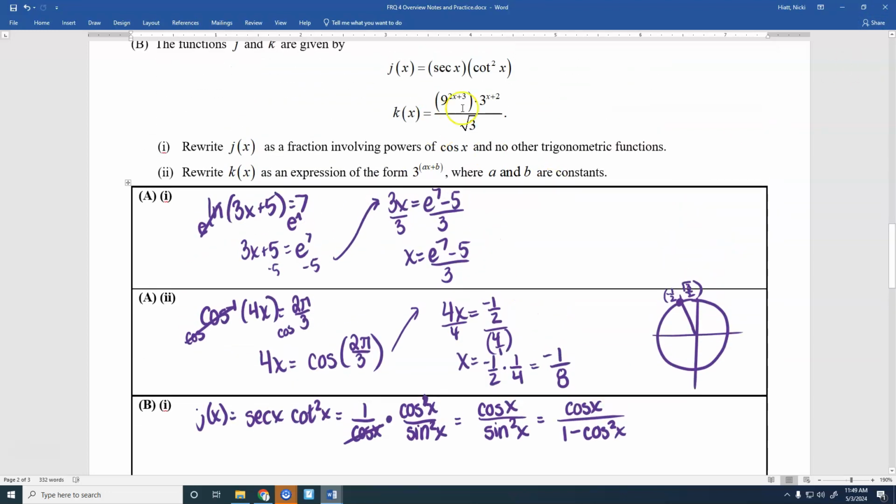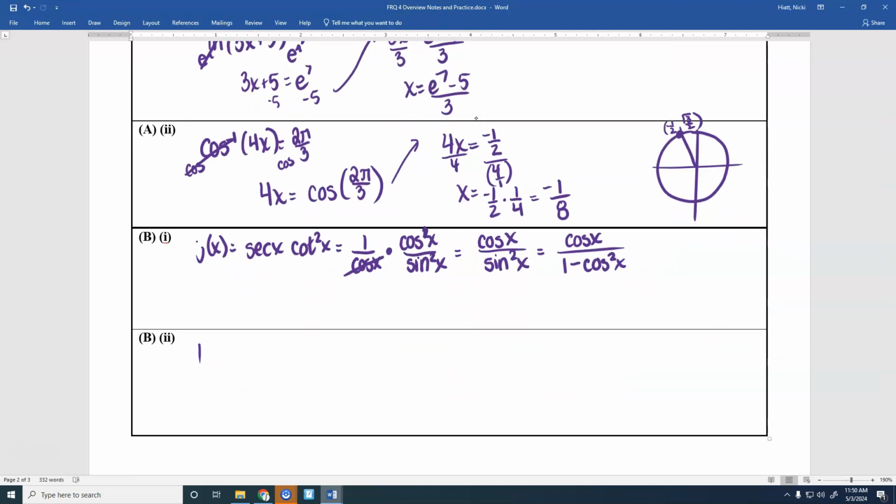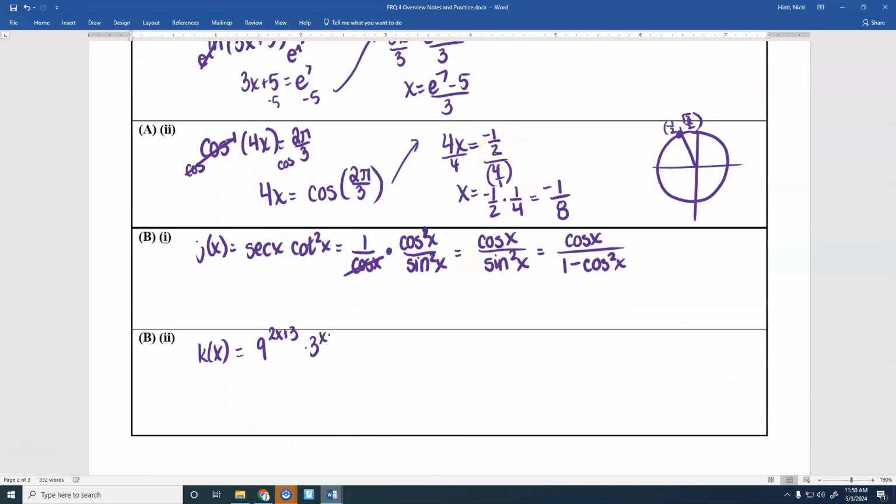I think the last part of this one is kind of difficult. Here, I mean, it's not that bad, but it is on the more difficult side. So we got 9 to the 2x plus 3 times 3 to the x plus 2 over the square root of 3.